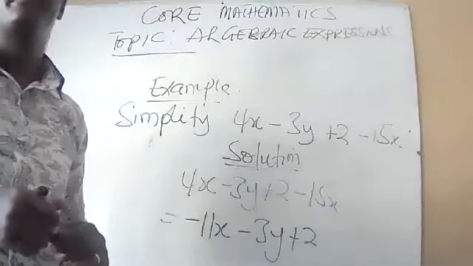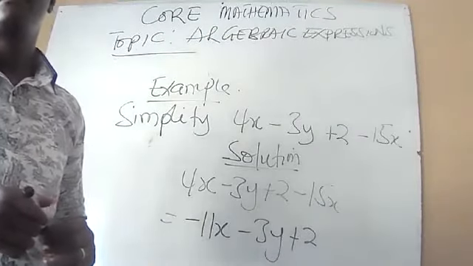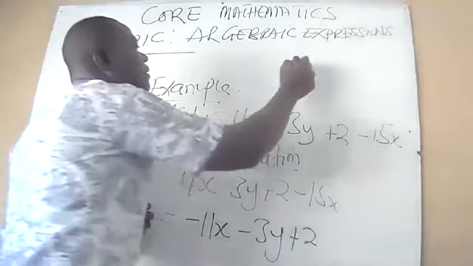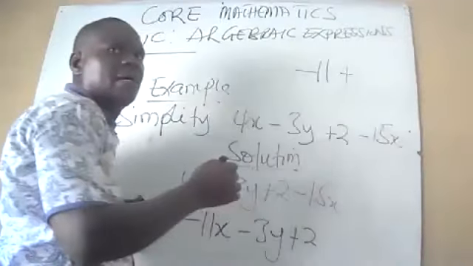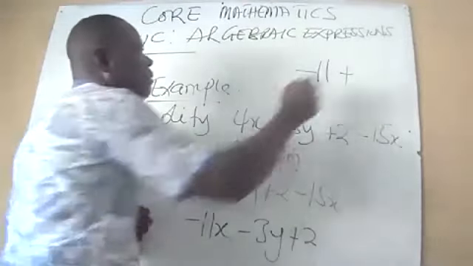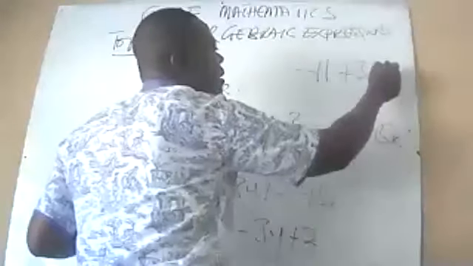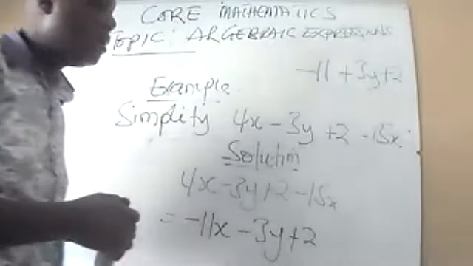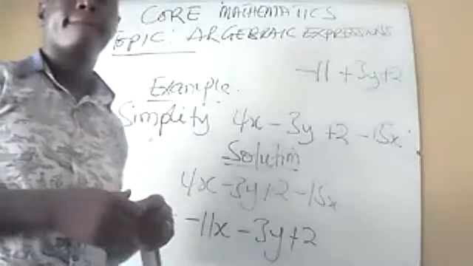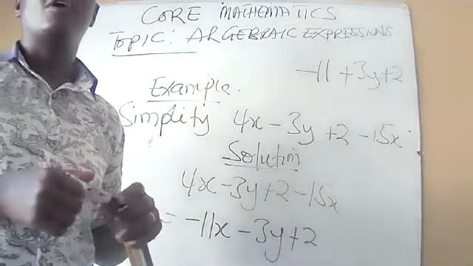What is your answer? Negative 11 plus 3y plus 2. Plus 2. And who is giving us this answer? Your name?